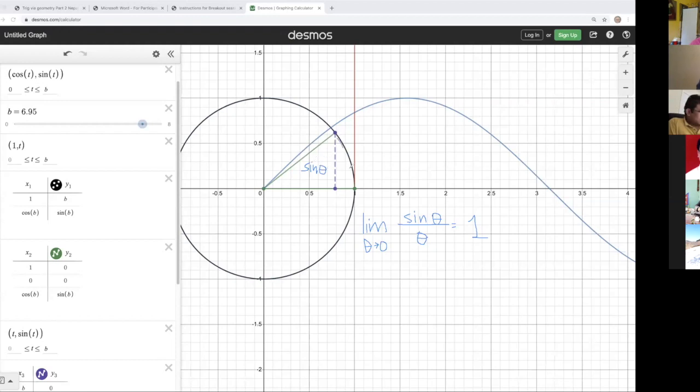And the arc distance, the arc length, that is theta. So sine of theta is smaller than theta itself. So I'm going to turn off my annotation and I'm going to pull back here for small values of theta.